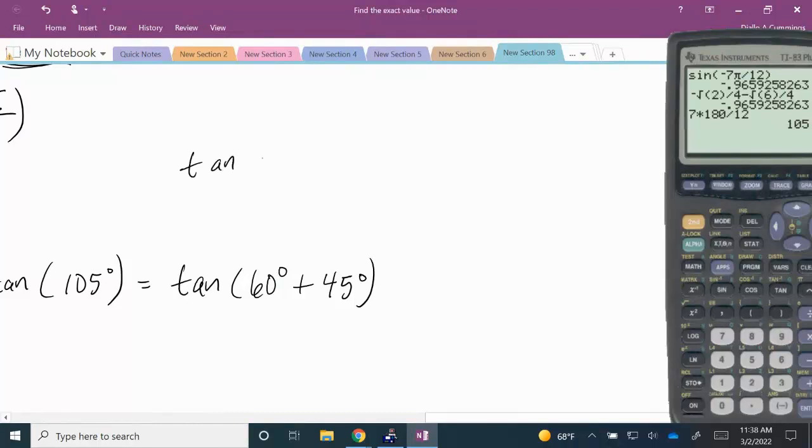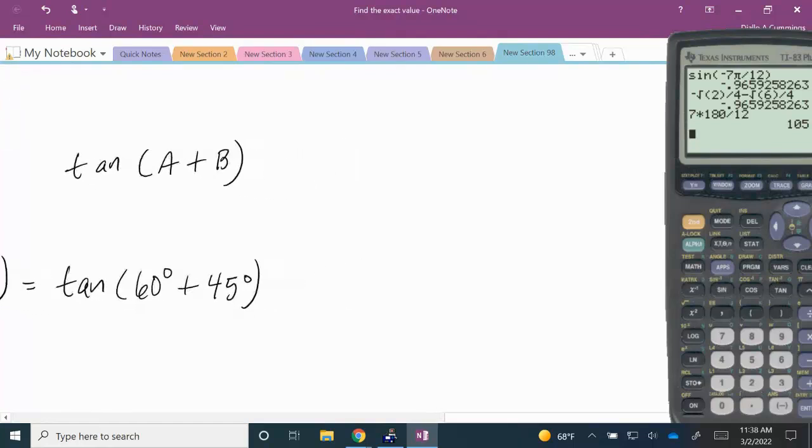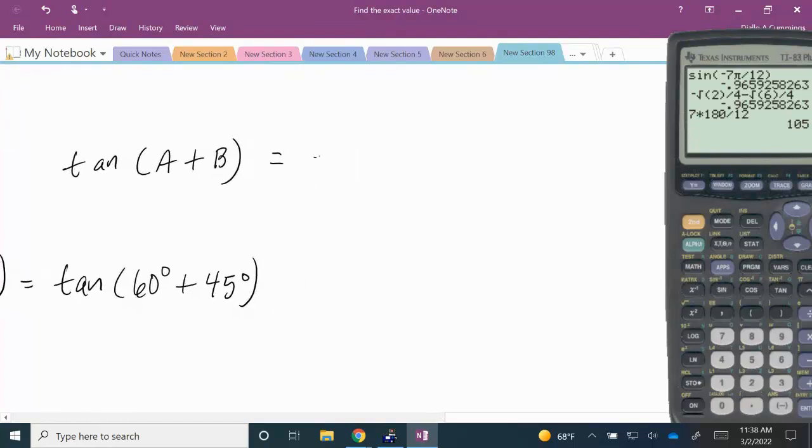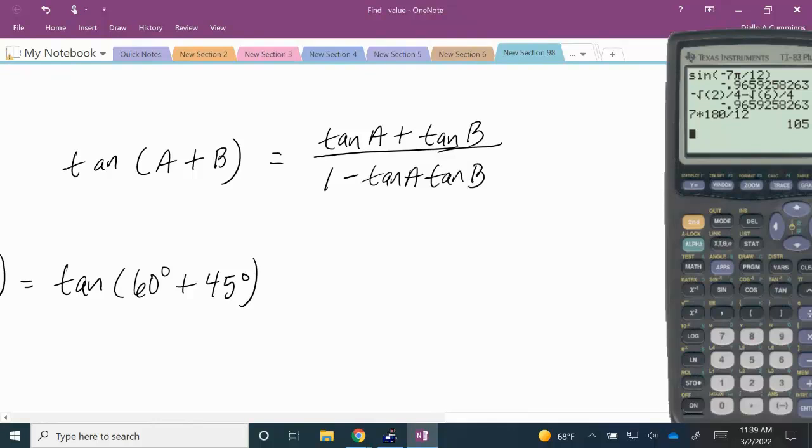So the tangent of A plus B is equal to tangent A plus tangent B divided by 1 minus tangent A times tangent B.